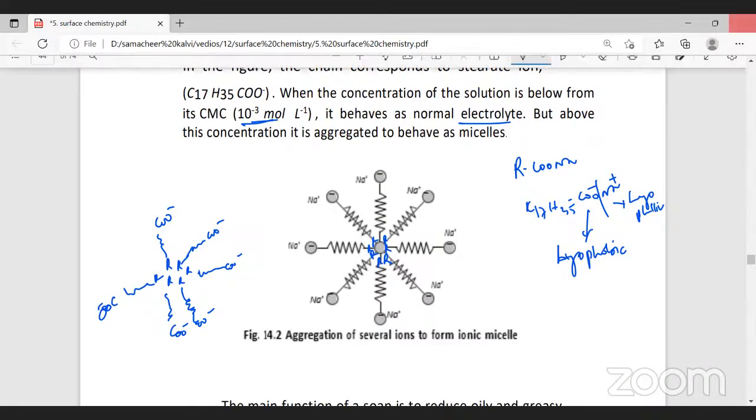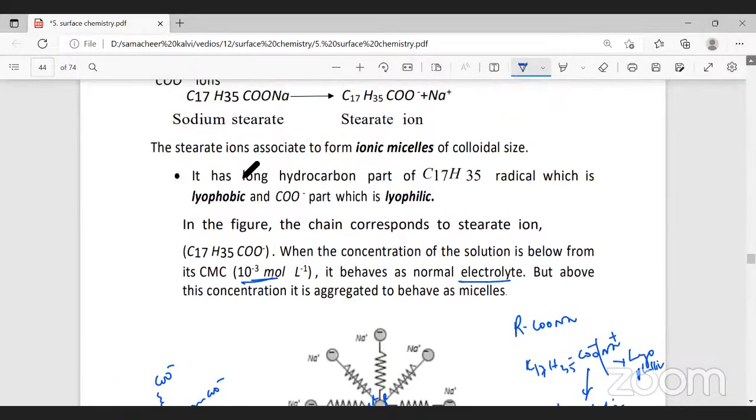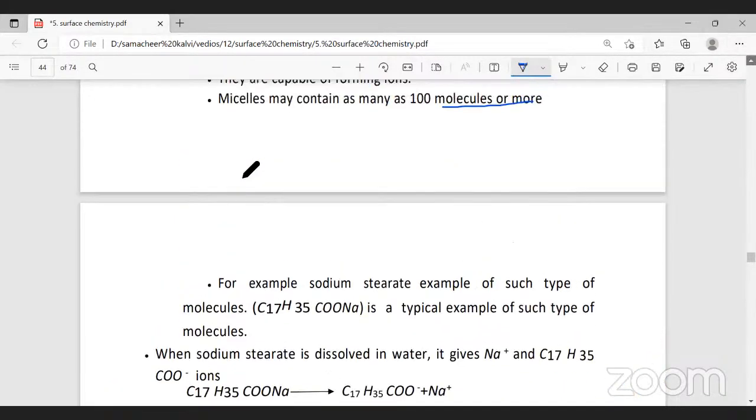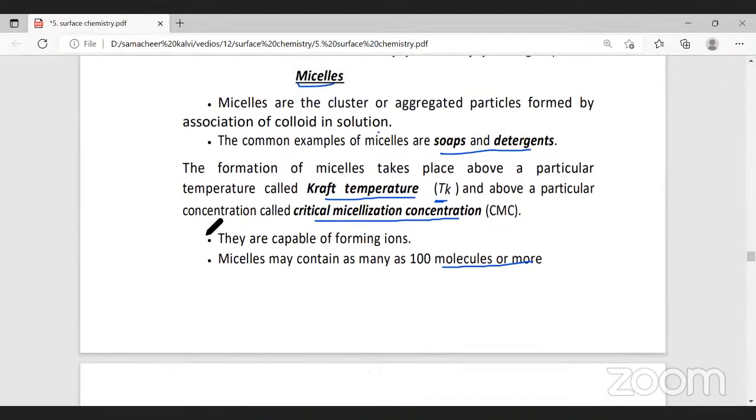So you should remember, soaps and detergents are examples of micelle formation. This takes place above Kraft temperature and above the critical micelle concentration.